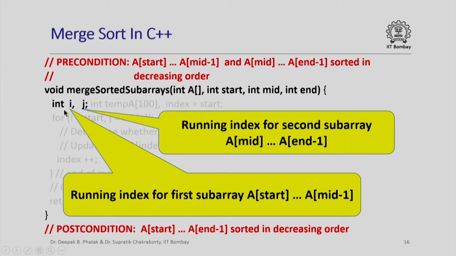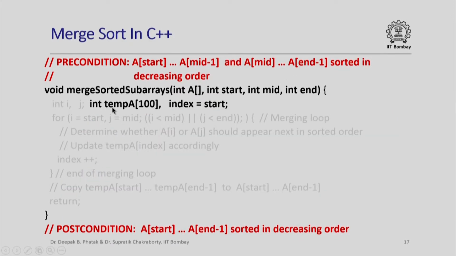Now inside merge sorted subarrays, what do we do? We have two counters or running indices, one for the first subarray and the other for the second subarray. I will be the running index for the first subarray A start through A mid minus 1, and J will be the running index for the second subarray A mid through A n minus 1. I am also going to use an integer array called temp A of the same size as the array A, which is passed as a parameter to this function.